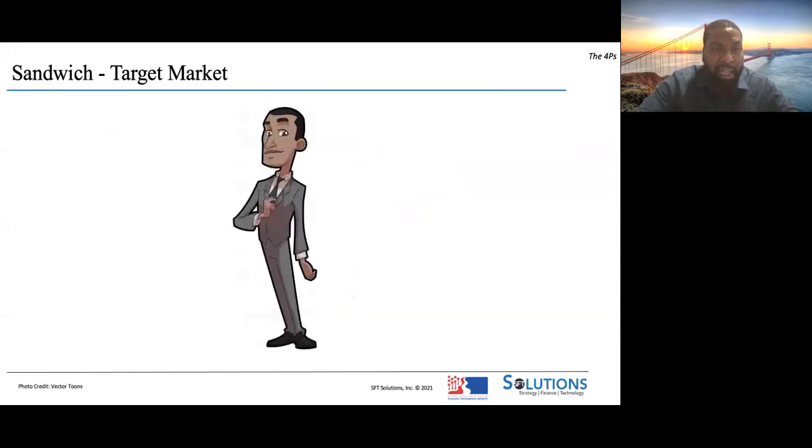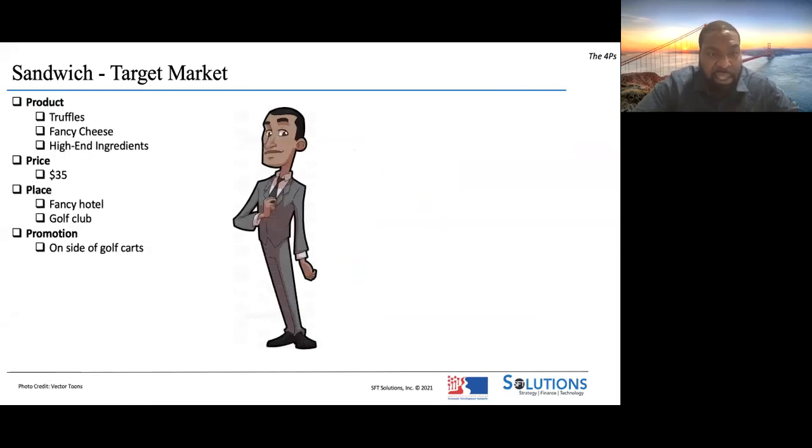Now, here's another example, right? If you're selling a sandwich to this gentleman in this dapper suit, I would think about it a little differently, right? So I would say, this client is probably looking for a burger with high-end ingredients, right? Truffles, fancy cheeses, things like that, right? I would probably advertise at a fancy hotel or a golf club.